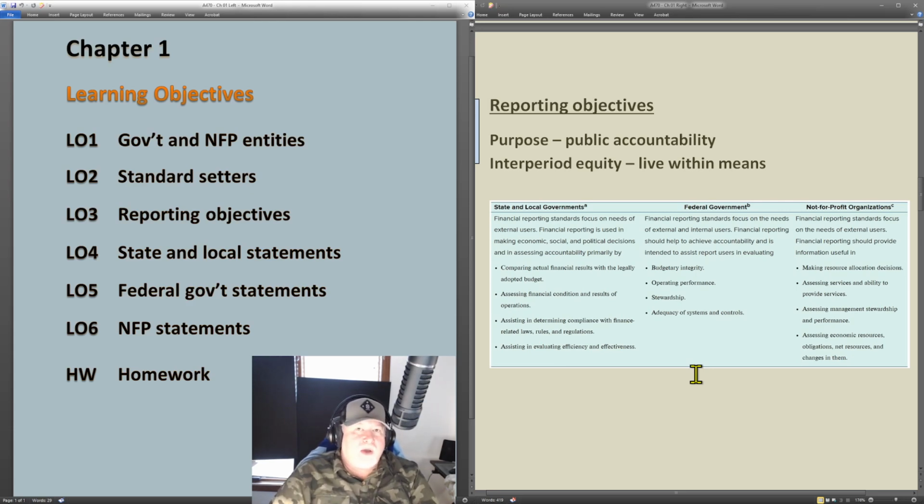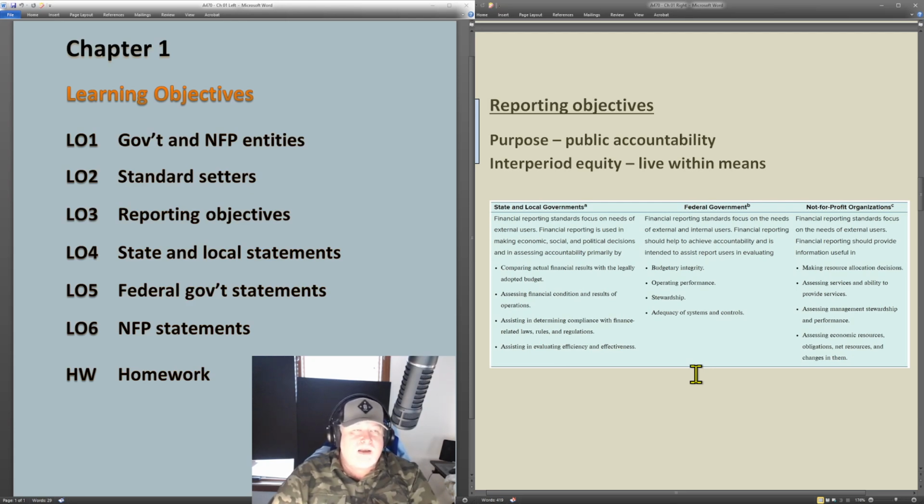Now, in managerial accounting, we study this, right? We study how a budget is made. We talk about standard costing, and then in subsequent chapters, we talk about variances, right? Because actual results hardly ever match the budget, and this is what's going on here as well. But notice we have the addition of the words legally adopted budget.